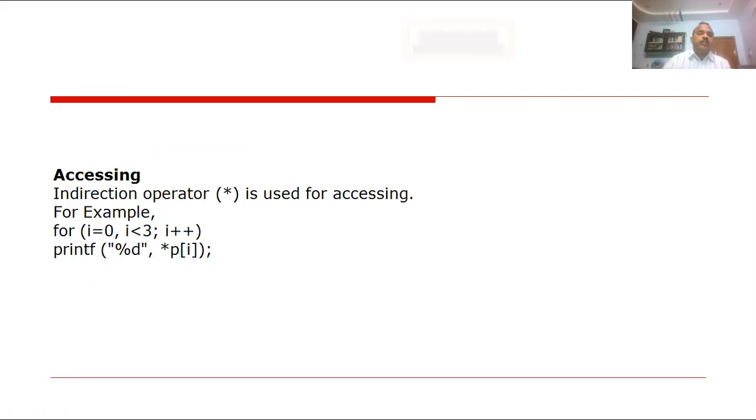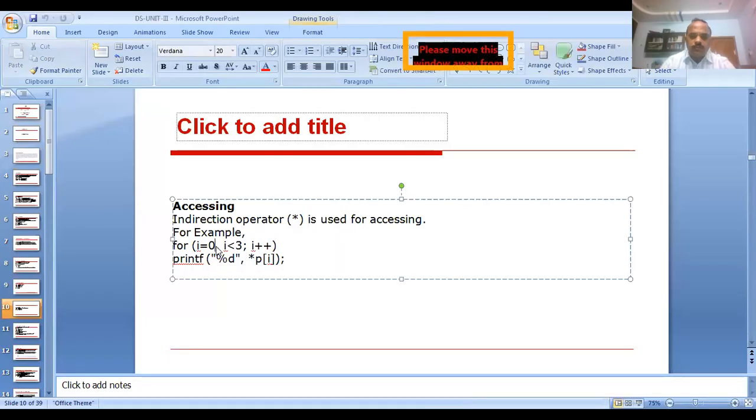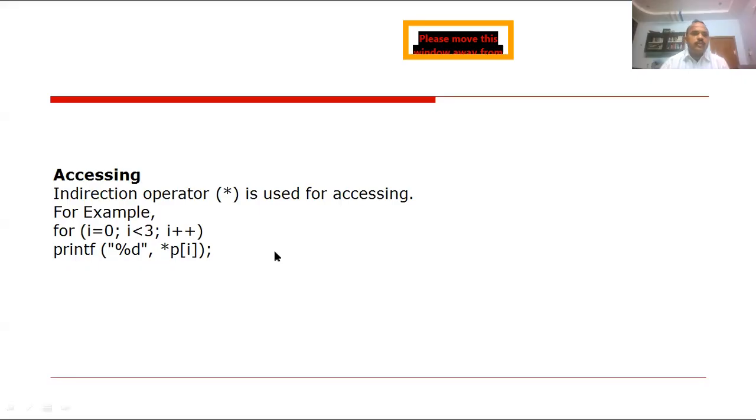For example, for I equal to 0, I less than 3, I plus plus, print percentage d, asterisk P of I. So here asterisk P of I means the value at the pointer address location, the pointer array address location.